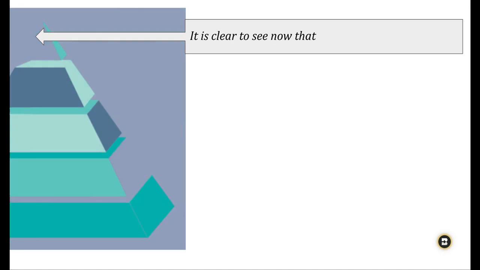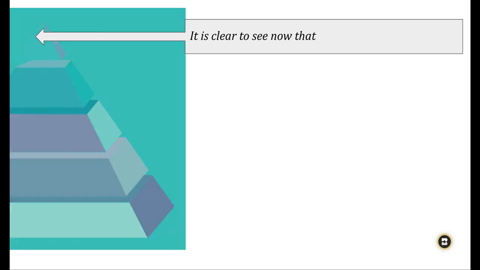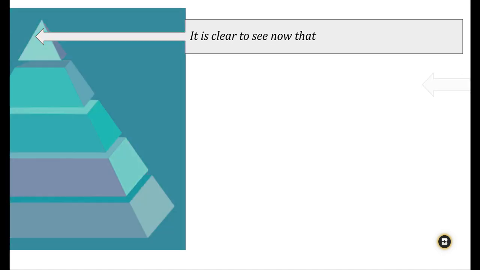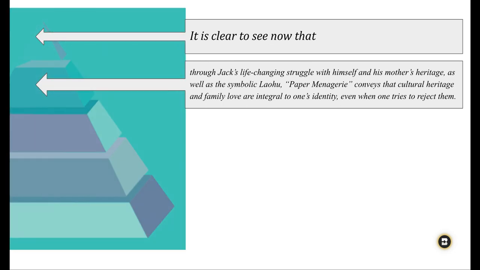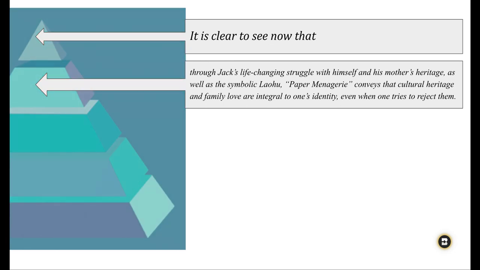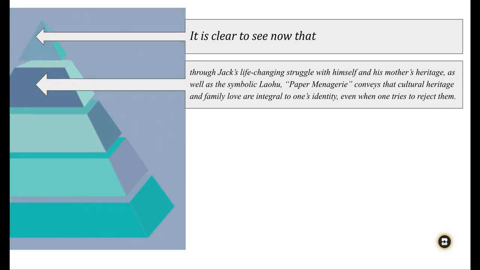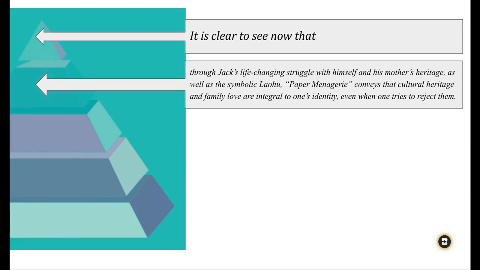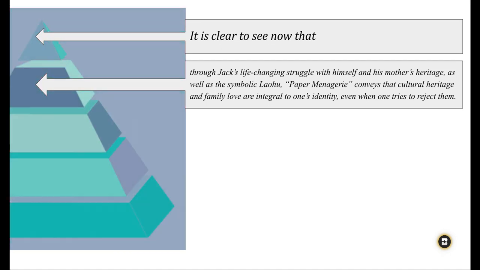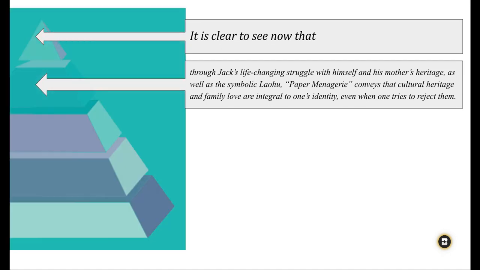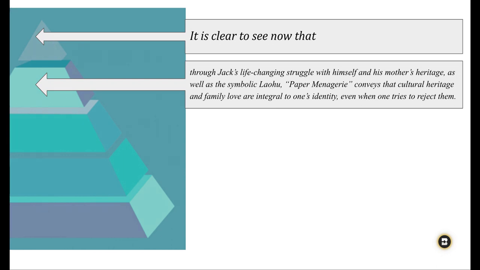But I put, "It is clear to see now that," and then I'm going to have my reiteration of my thesis, which is, "It is clear to see now that through Jack's life-changing struggle with himself and his mother's heritage, as well as the symbolic Laohu, "Paper Menagerie" conveys that cultural heritage and family love are integral to one's identity, even when one tries to reject them."